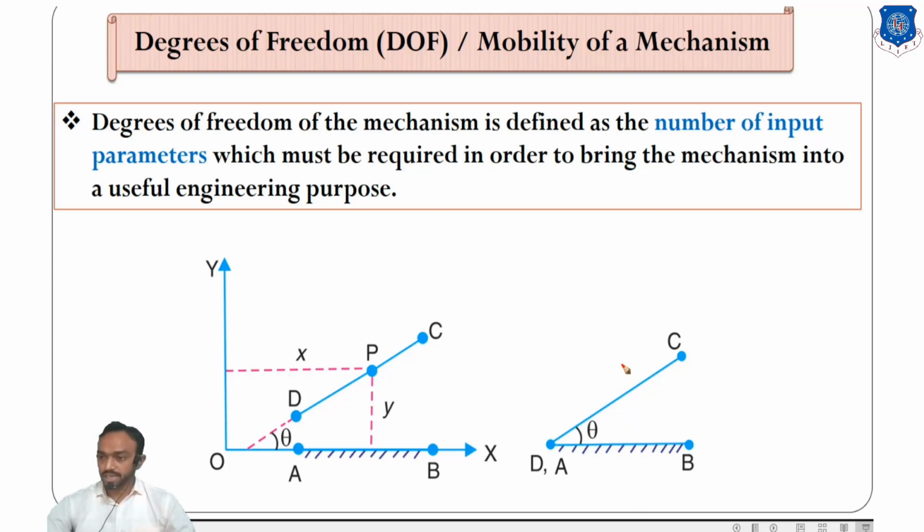Now this link can only rotate with respect to this point, at theta. So the degree of freedom n is equal to 1 for this link now. We have to remember that any link which is free in a space has degree of freedom 3, but when it is connected to another link, it decreases to 1.